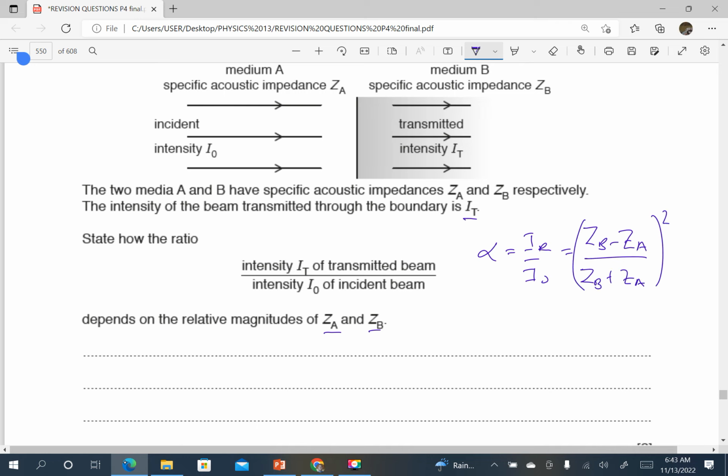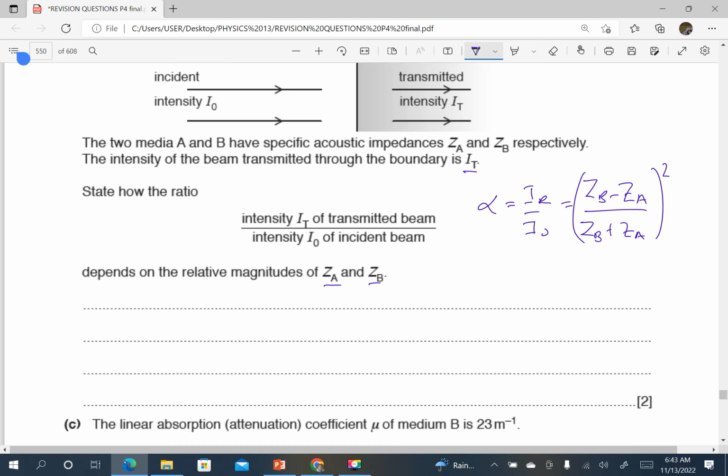That is reflected. So it means I transmitted over I incident is going to be 1 minus ZB minus ZA divided by ZB plus ZA, squared. That is IT over I naught.